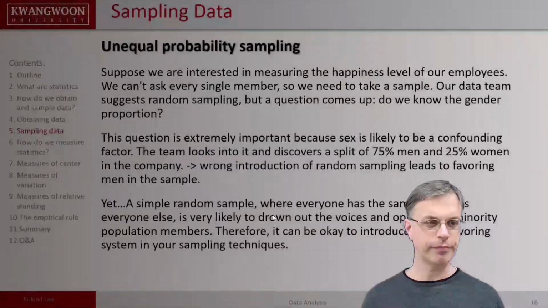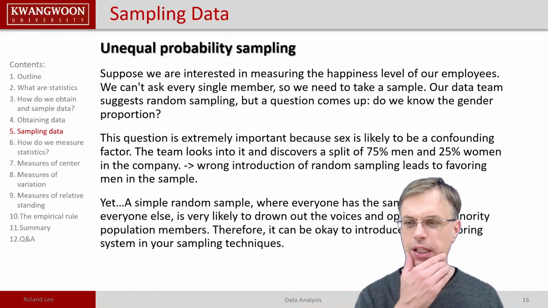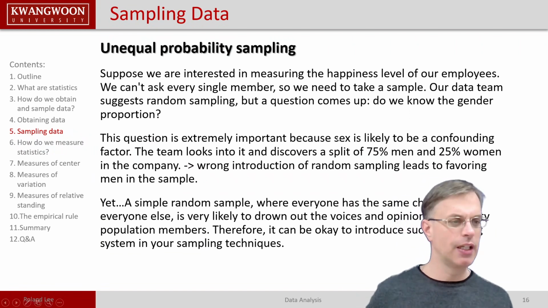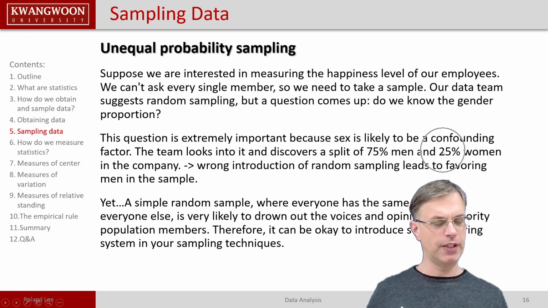Okay, now suppose we are interested in measuring happiness levels of employees, and we discovered that the gender split is 75 to 25% in the company, 75% men and 25% women.